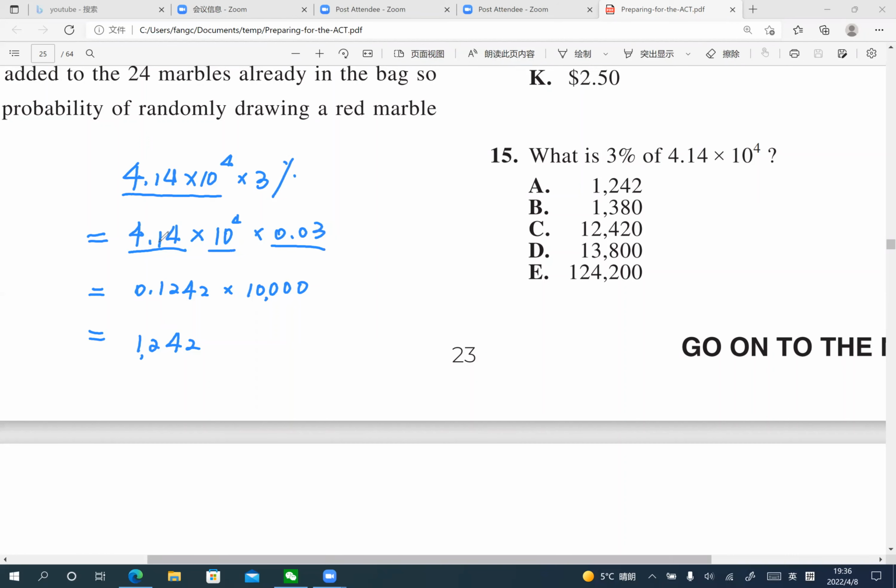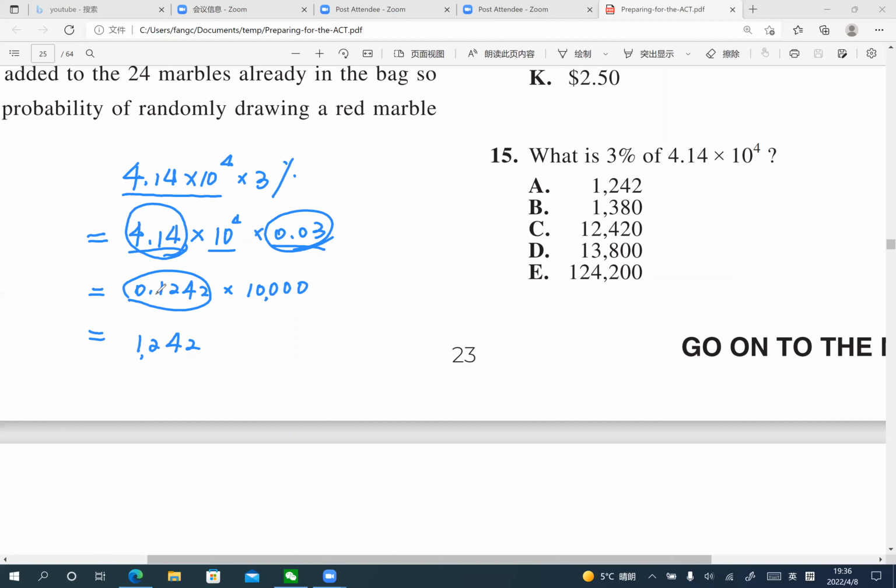So then we multiply 4.14 by 0.03. So we get 0.1242. And the times 10 to the power of 4, which is 1 and 4 zeros.